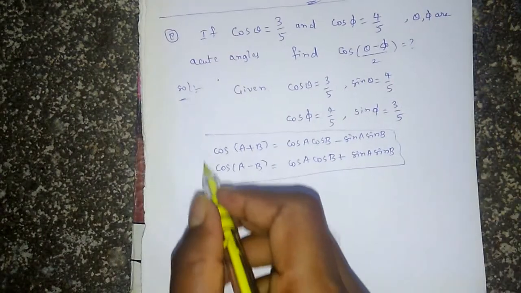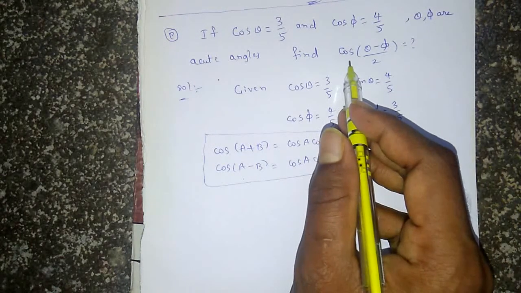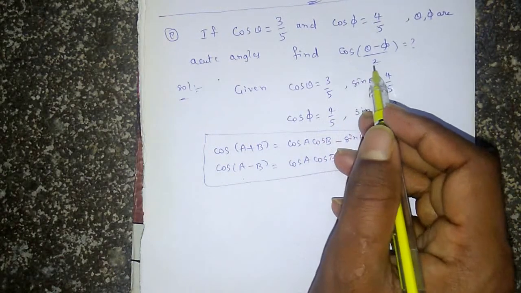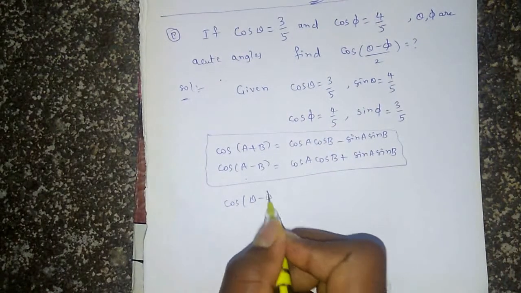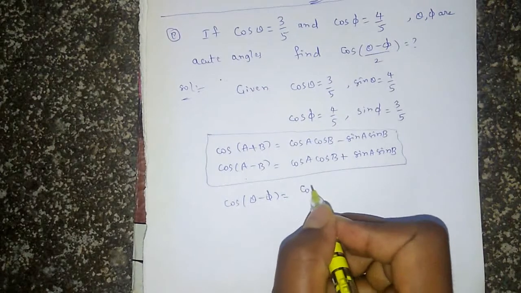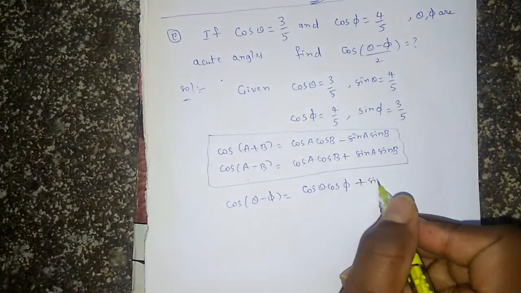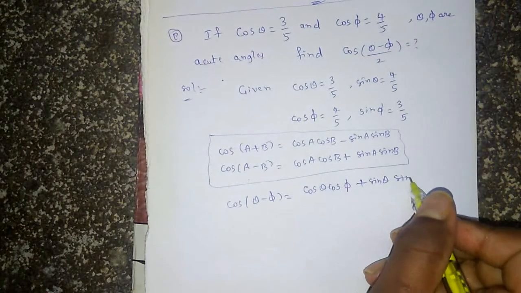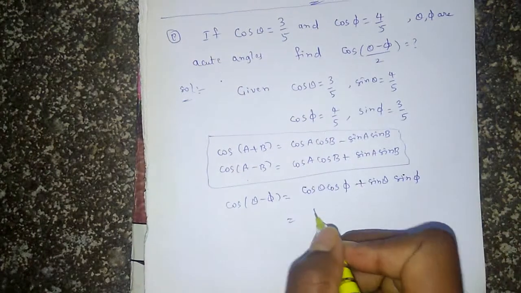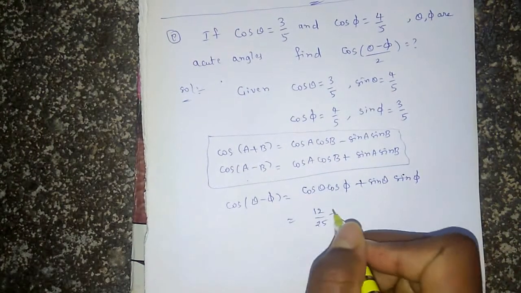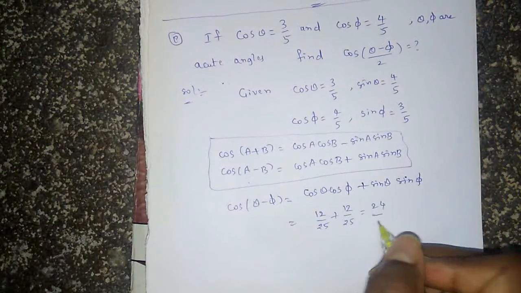So here we will be using the second formula because we need to find the cos of theta minus phi by 2. So first let us find cos of theta minus phi, that will be is equal to cos theta cos phi plus sin theta sin phi. So that is 3 4s are 12, 12 by 25 plus 12 by 25, that is equal to 24 by 25.